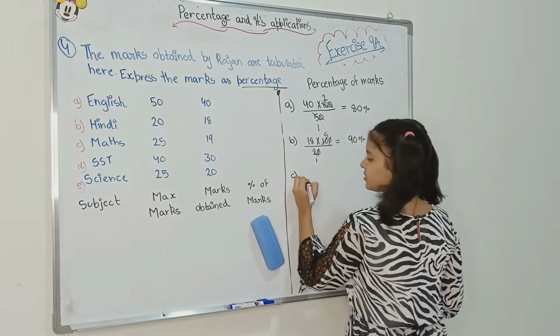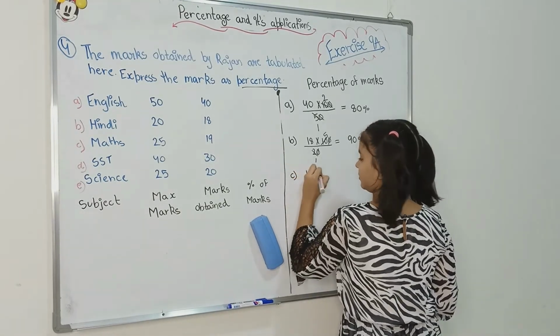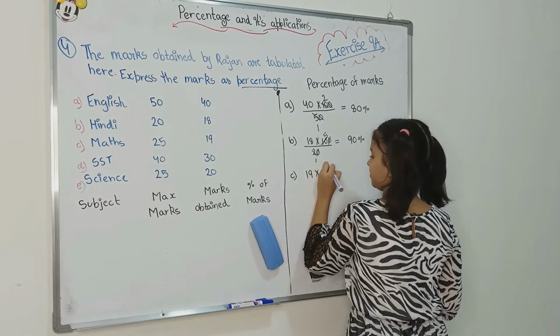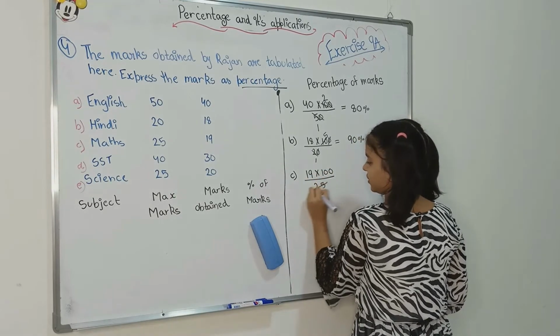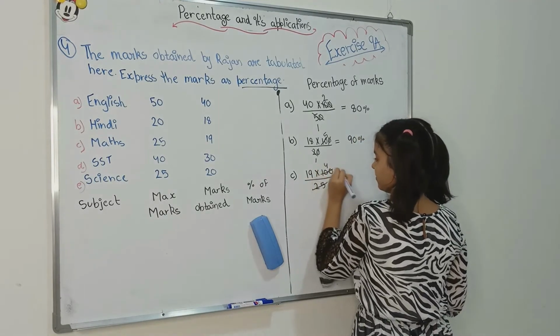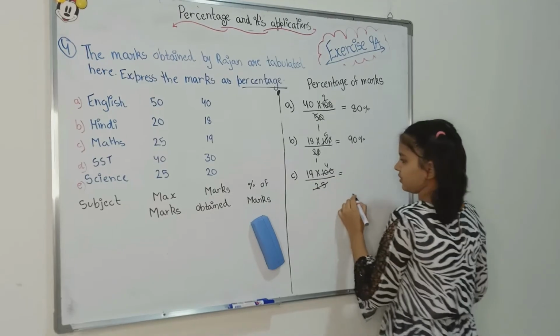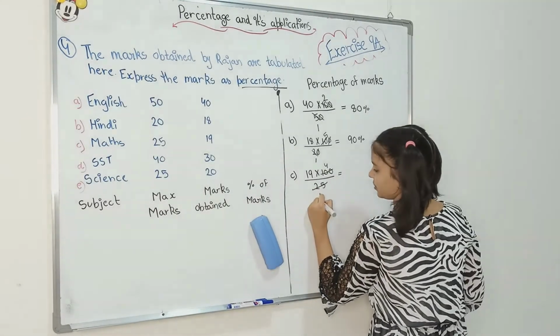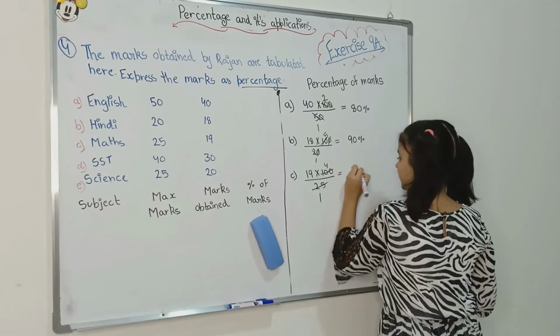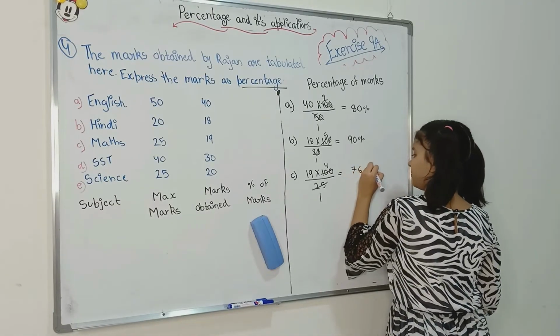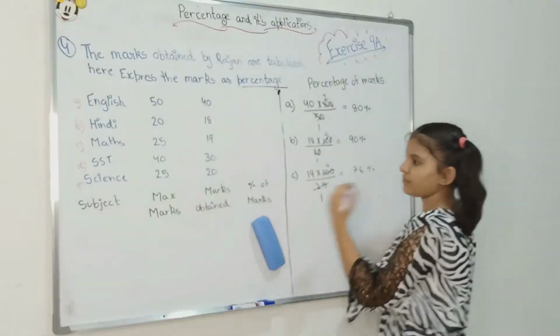We will write it as 19 into 100 by 25. So 25 4s are 100. Then 19 4s are 76, our answer would be 76%. So 76% for maths.